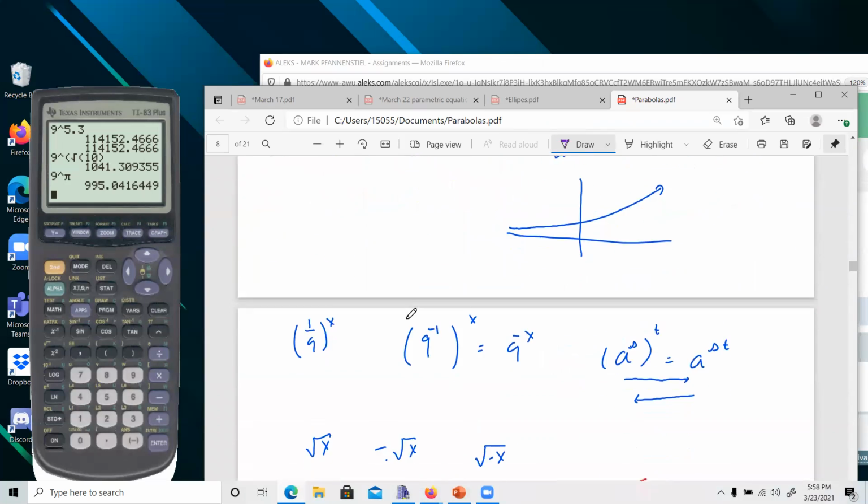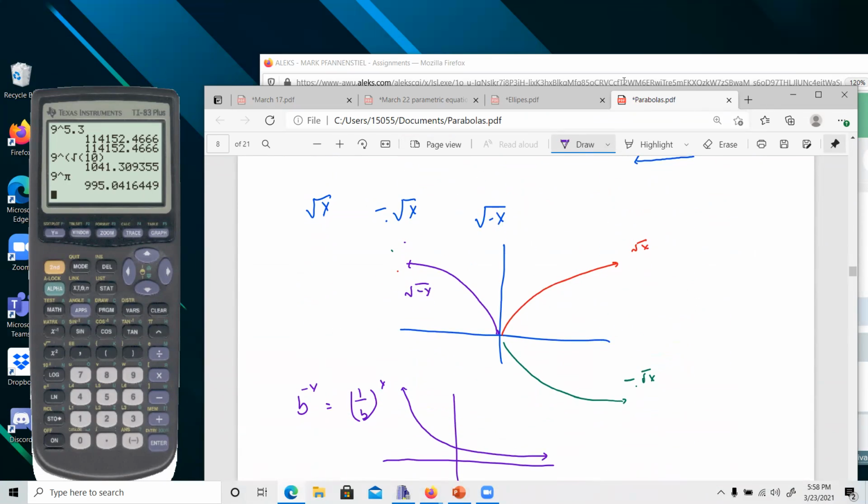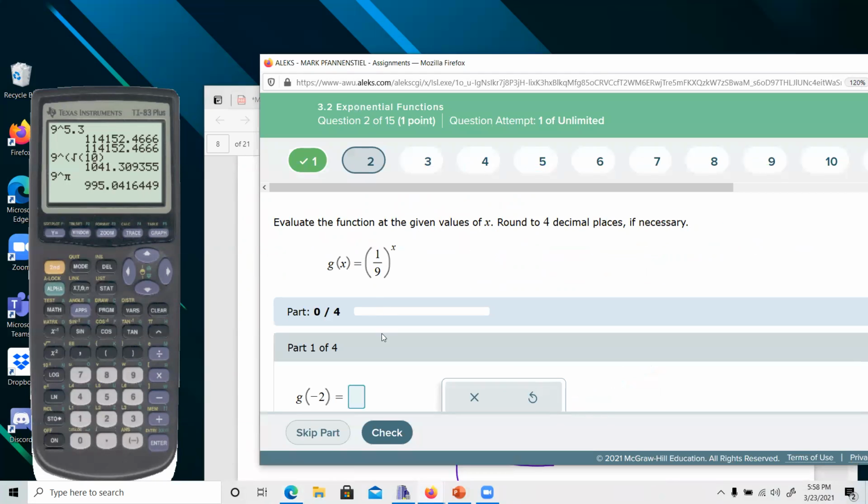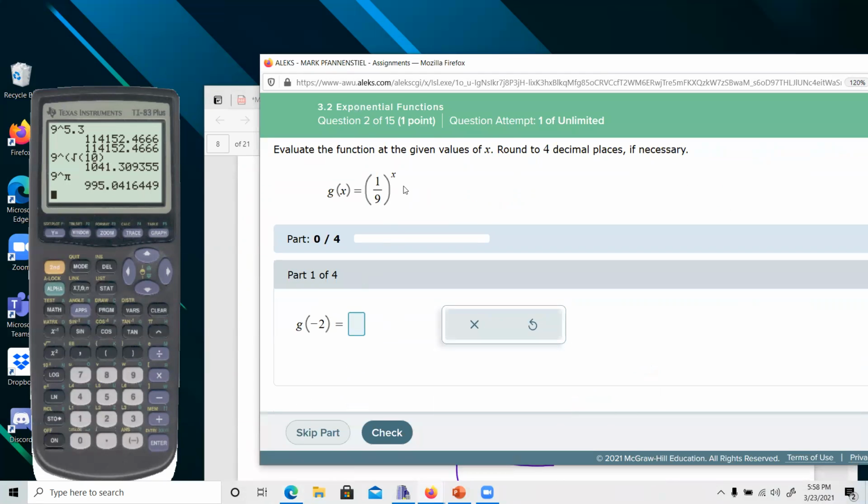Okay. All right. So let's see here. I think this one's the same idea. They're going to tell us to do this again. So g of -2, right? We're just going to say, well, this is parentheses 1 over 9 raised to, and we're going to write a -2 here.